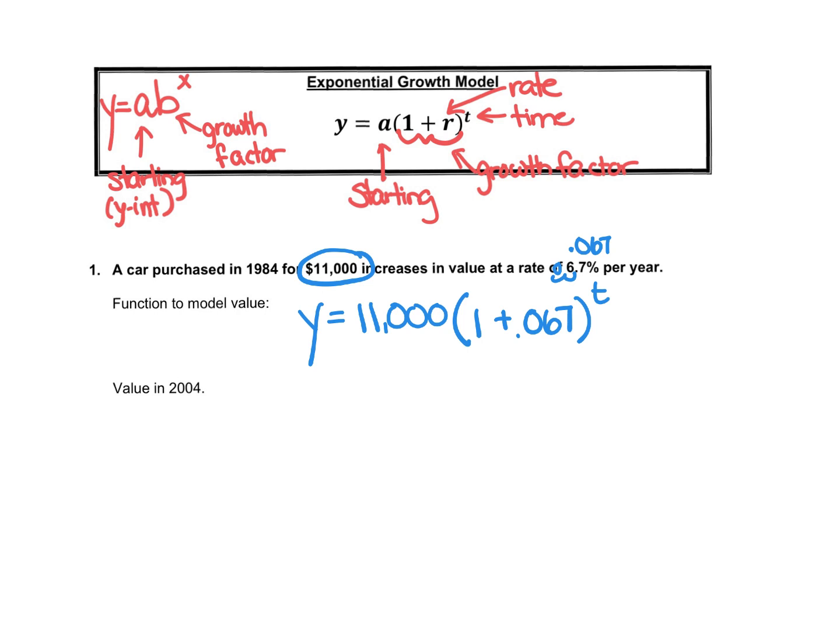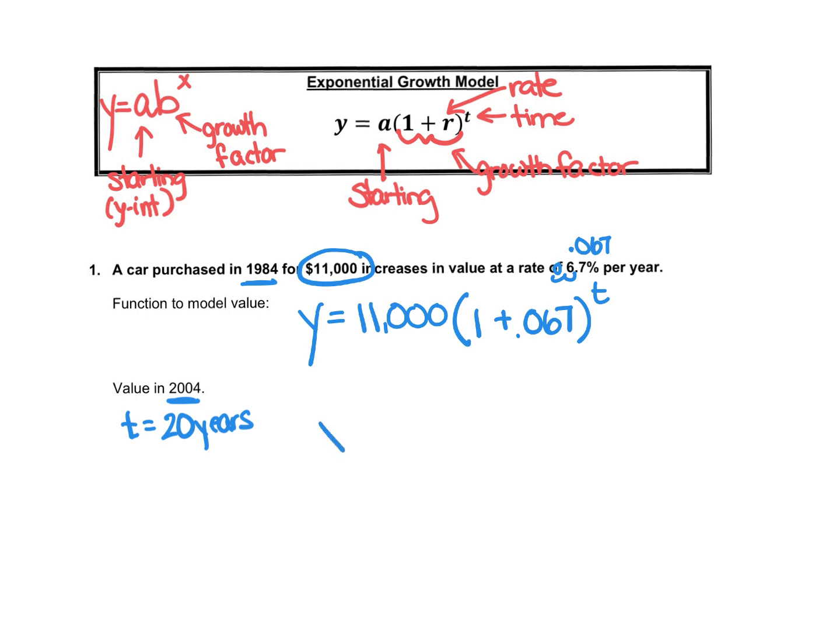So for the value of the car in 2004, this was purchased in 1984, and we want to know what the value of it is in 2004. So that means that over time, the time has increased by 20 years. So that's what we need to plug into our formula.